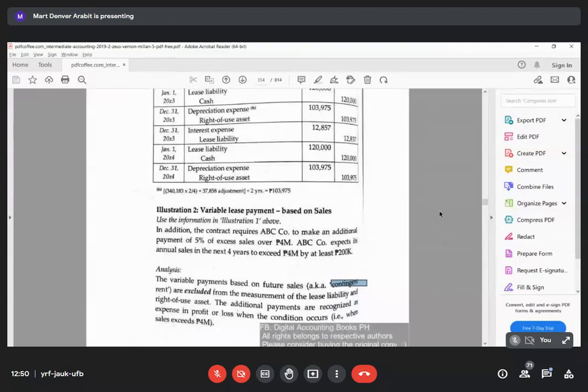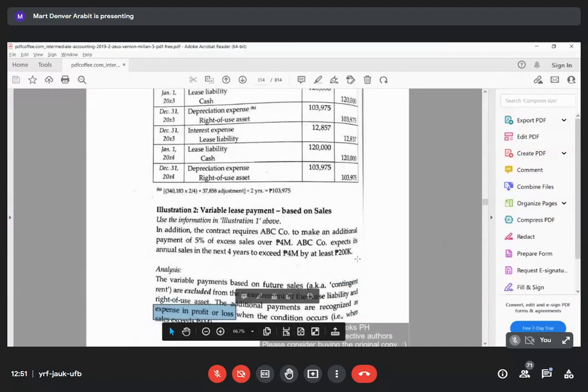So these additional payments are considered expenses in P&L when the conditions occurred. So this will not be part nung ano natin, lease liability. It will be directly part of P&L if the company will pay that amount on top of the lease payments.